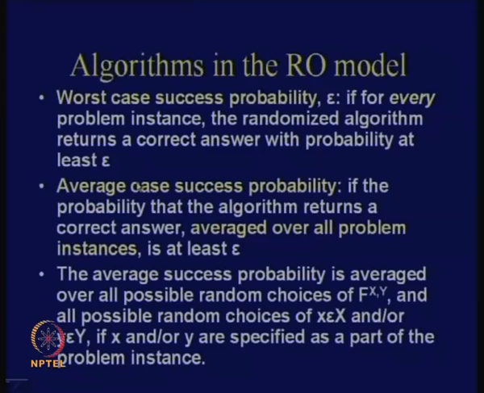In the average case, you are averaging over all possible function values and also possible inputs of the functions, that is, over the range of x and y, if x and y are part of your problem instance. All of us know these things, but this is just to mention.